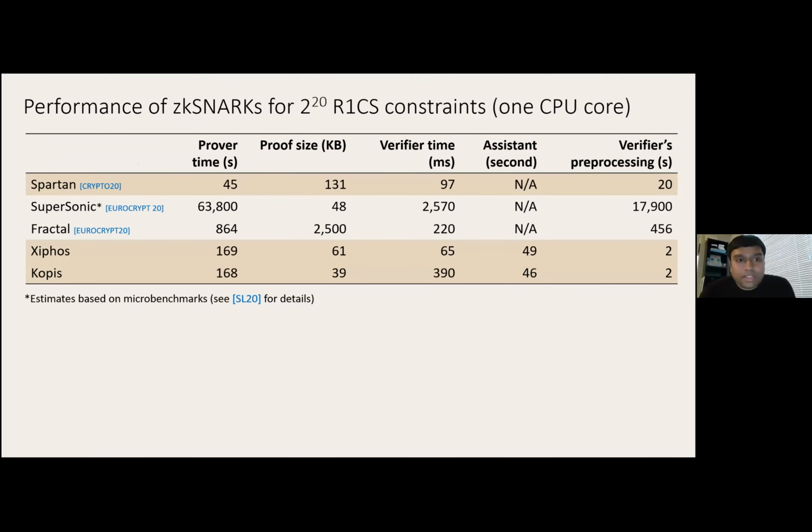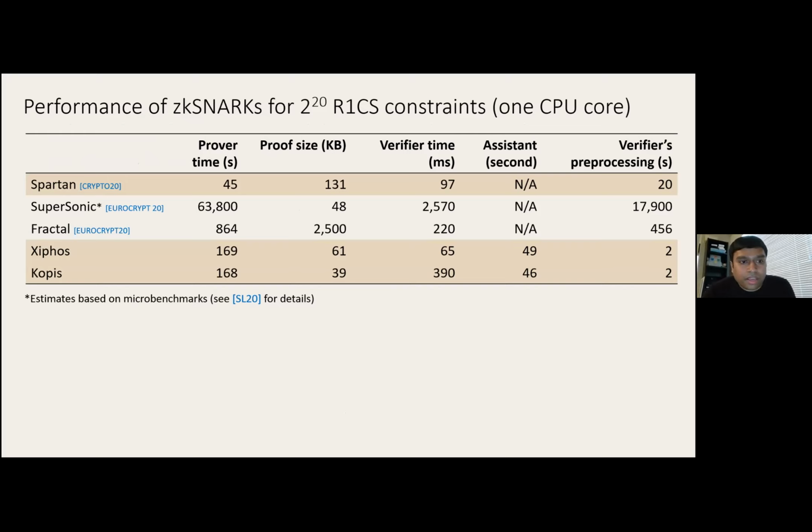So we implemented all of these techniques by extending Spartan. And here is one slide that depicts the performance at a million R1CS constraints. The depicted performance is on a single CPU core. I think all of the schemes can be parallelized to reduce this prover time, but this comparison is still fair because all of them are run with one CPU core.